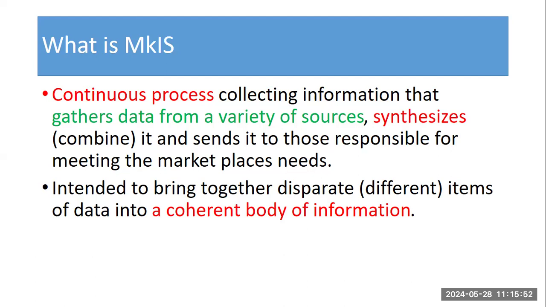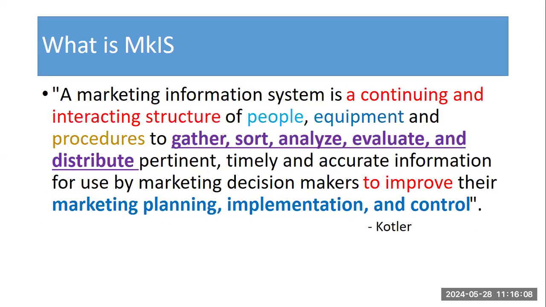So the intention is to bring together disparate, that means different, items of data into a coherent body of information. Coherent means a systematic, logical flow, right? Then they can use the coherent body of information.